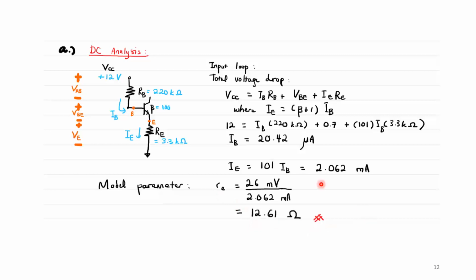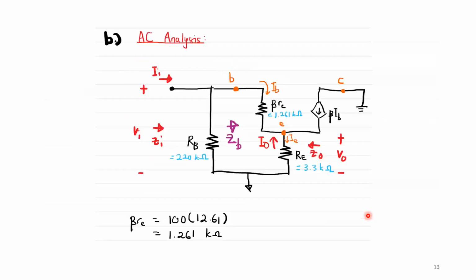Now with this value of re, we are ready to leave the world of DC analysis and enter AC analysis. This is our AC equivalent circuit with the coupling capacitors shorted, and output taken from the emitter terminal, with the BJT replaced with a re model of beta re and IB beta IB.